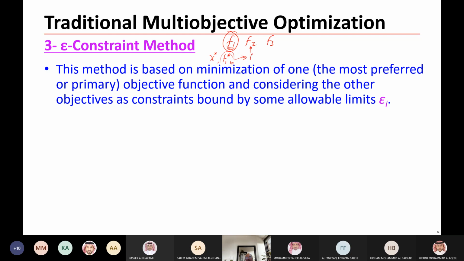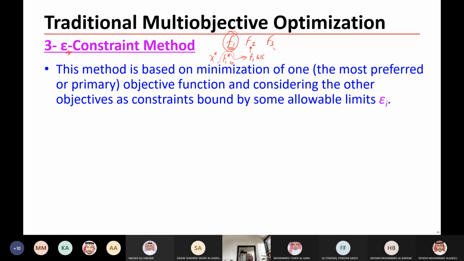So I can add a constraint that F1 is below or equal to 15. So I apply some epsilon, some deviation, which is 5 in this example, some deviation of the minimum value. I do some relaxation and add it as a constraint.